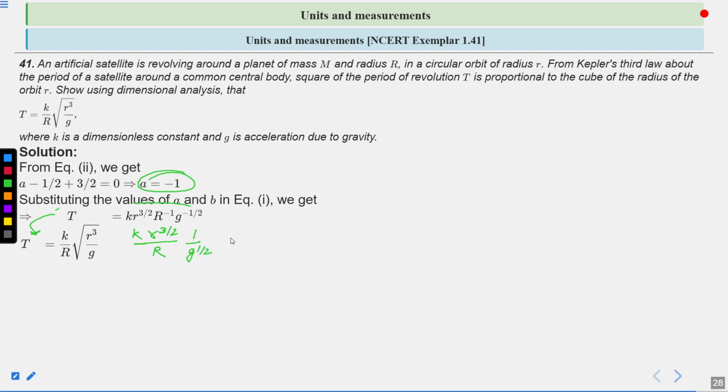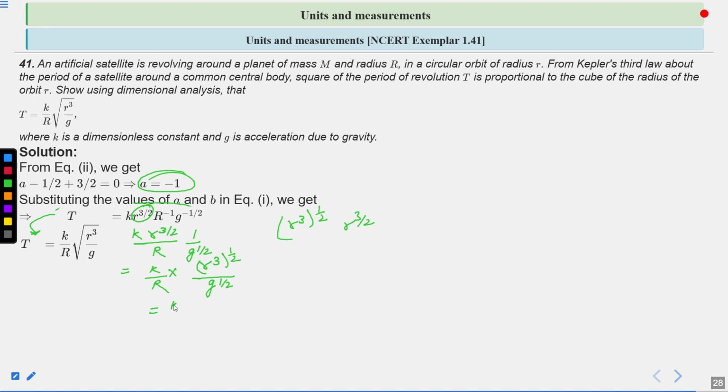So the power 1 by 2 means root. It will be K by r, which comes outside. The remaining term is R^(3/2), which we can write as R cube whole power 1 by 2, divided by g raised to the power 1 by 2.